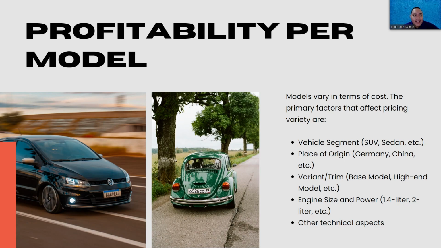Could also be a sedan, subcompact sedan, compact sedan, full-size sedan, a van, even a truck, a pickup truck, an AUV. There's so many different vehicle segments, and the segment to which the vehicle belongs can largely affect its pricing and its associated costs.